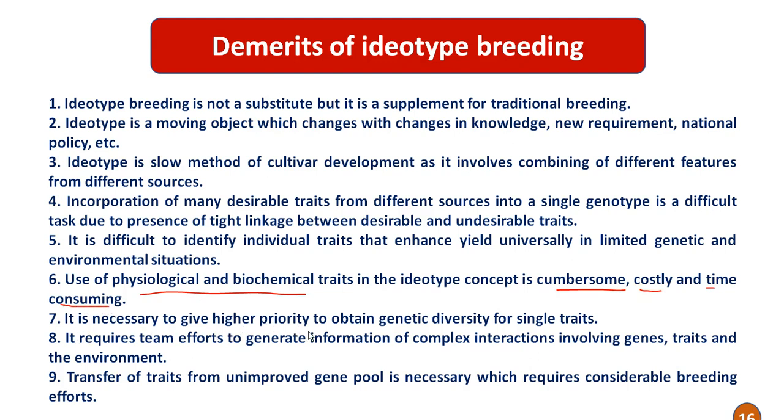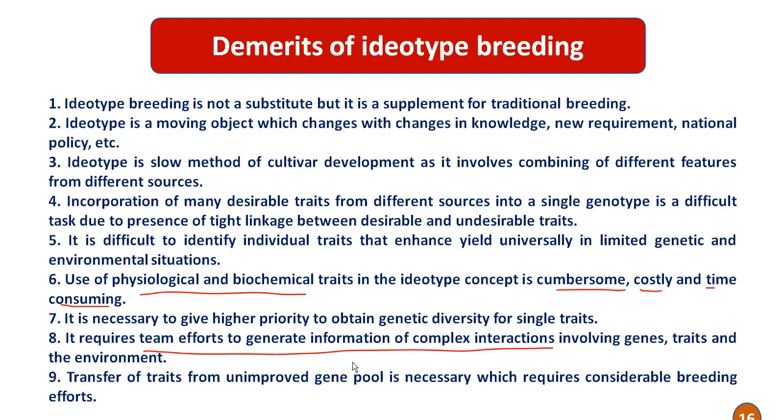Then it is necessary to give higher priority to obtaining genetic diversity for a single trait, so that we emphasize the single trait. Then it requires team effort to generate information on the complex interaction involving genes, traits and environment. We discussed earlier that it is a multidisciplinary approach, but this is sometimes a demerit of ideotype breeding.